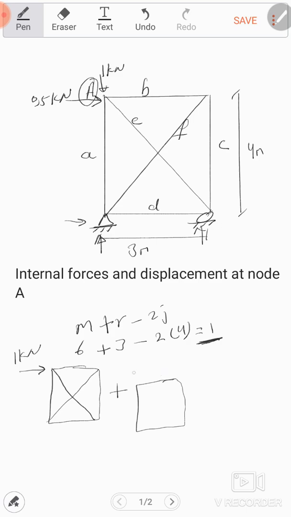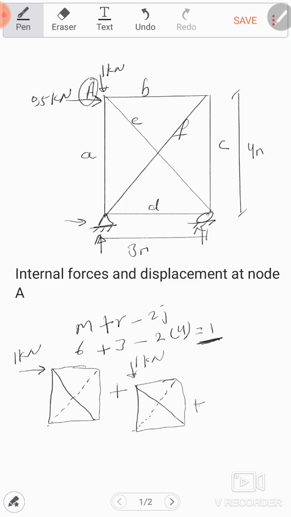Remove the 1 kilonewton and put 1 kilonewton. This is assumed, okay? And you can make it a hidden line because I already removed this part, the F. Also, you can do the same for the first part, make it a hidden line, okay? Because I already released it.